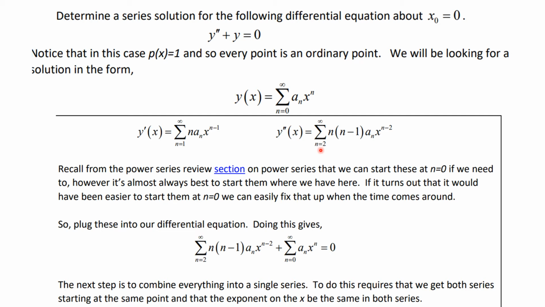So now what I'm going to do is add these two things together down here. Here is the y double prime, and here is the y, and we're setting it equal to 0. Now we want to combine this into a single series, and to do this requires that we get both series starting at the same point and having the exponents be the same. This is what we did with the indices before.